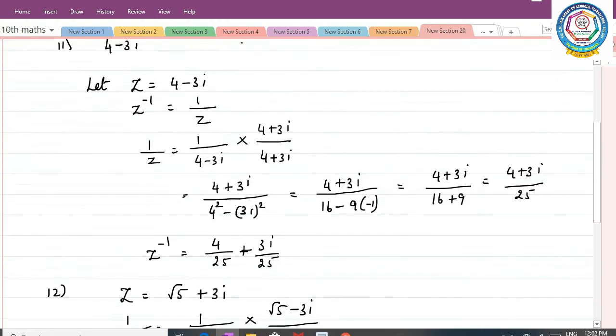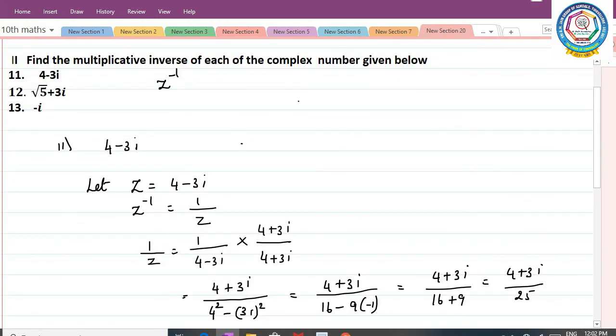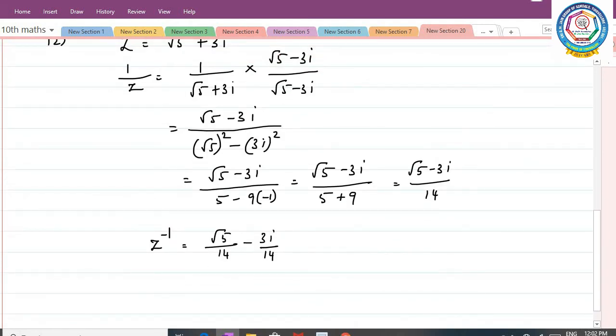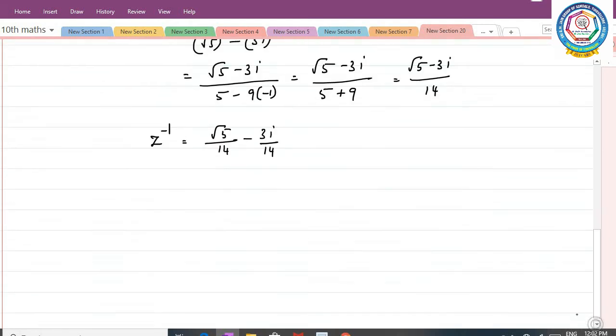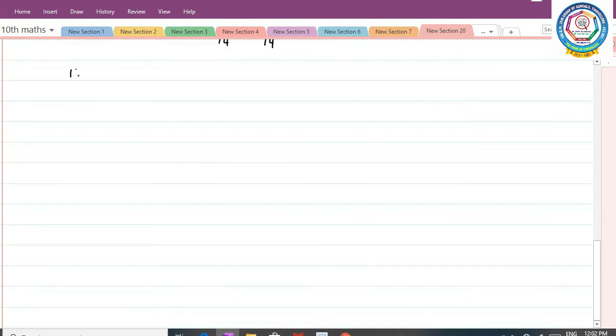Next one, the 13th one. Minus i, they ask. So first you take z equal to minus i. The question asks for z inverse. z inverse is 1 by z. So 1 by z equal to 1 by minus i.